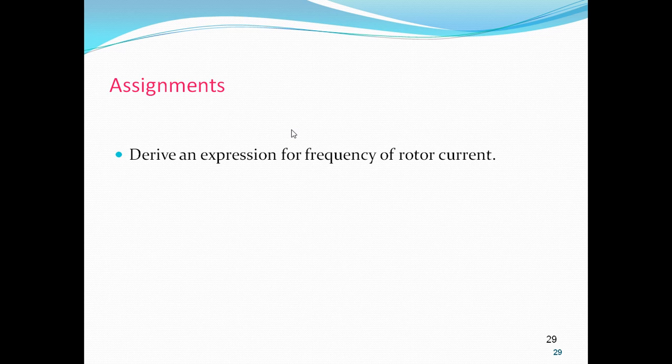What is the formula? Rotor frequency Fr is equal to s into F, slip into supply frequency. You have to derive it. Next, explain the working of a three-phase induction motor. You have to draw the figure and then explain.